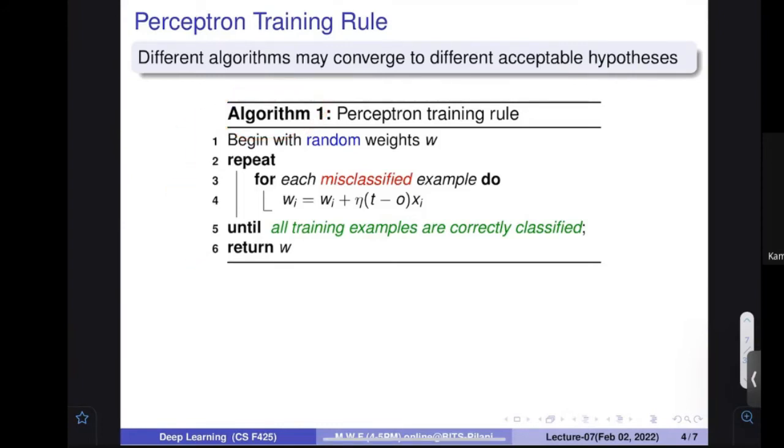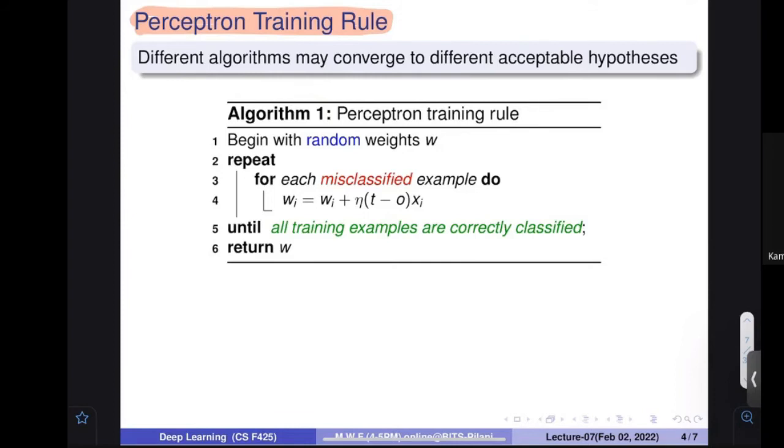This algorithm is called the perceptron training rule. If I ask how you can find the right parameters, you can find them using the perceptron training rule. It is not the only algorithm, but we are going to talk about the perceptron training rule that gives you the right parameters.